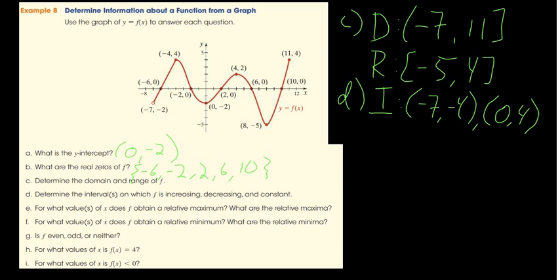And it looks like we're also going up from 8 to 11. That's where we're increasing. And we are decreasing from, it looks like we're going down right here, from -4 to 0. Ooh, that looks like a 6. It looks like we're also going down from 4 to 8.